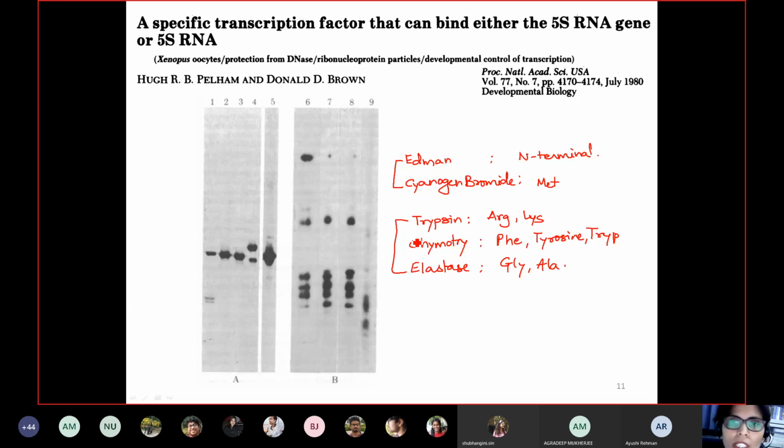Basically, if one doesn't work, and with one kind of enzyme you are not able to see what the polypeptide chains are, then you try another enzyme, and with two or three different enzymes you see a pattern of what kind of chains you are seeing, and then you try to prepare a map.